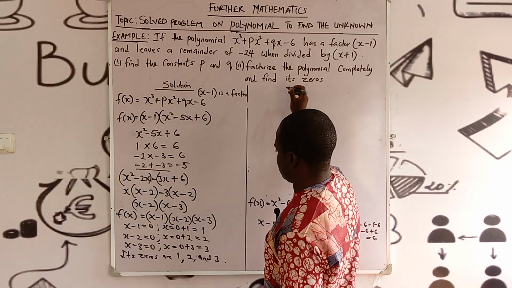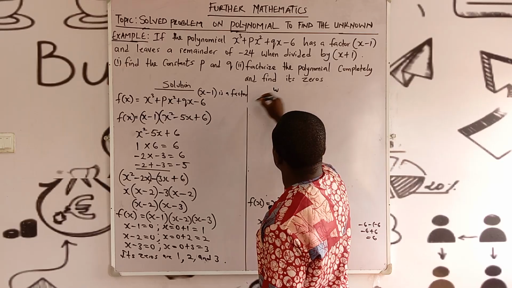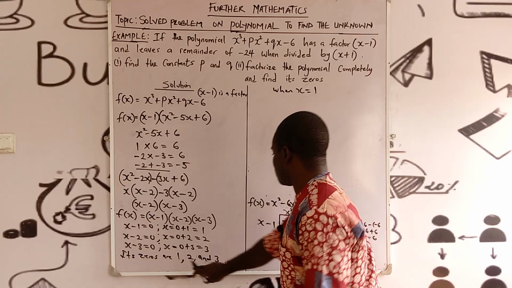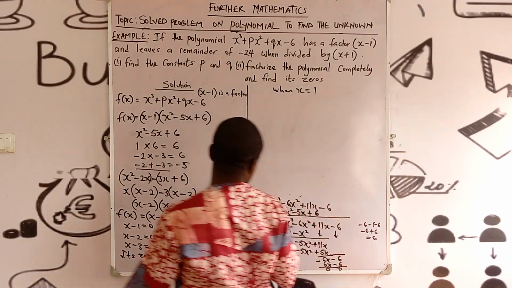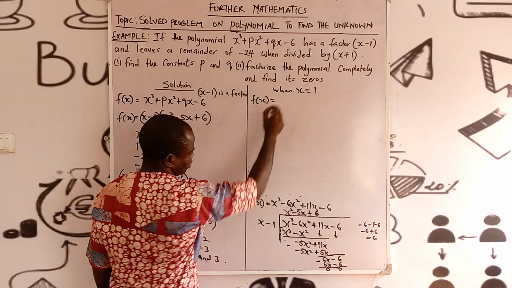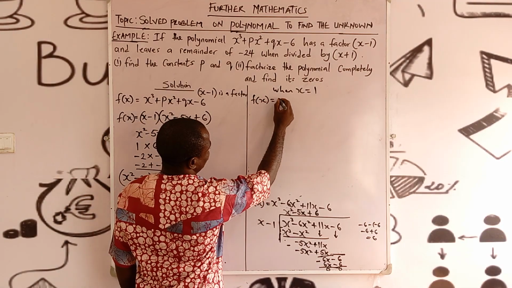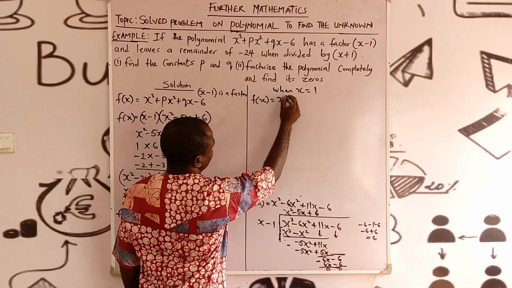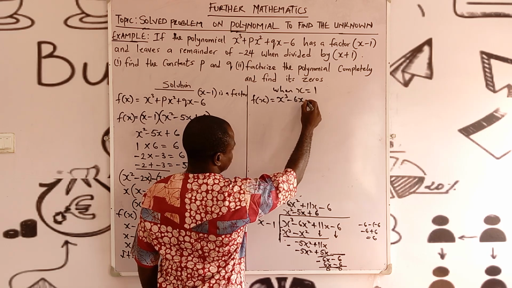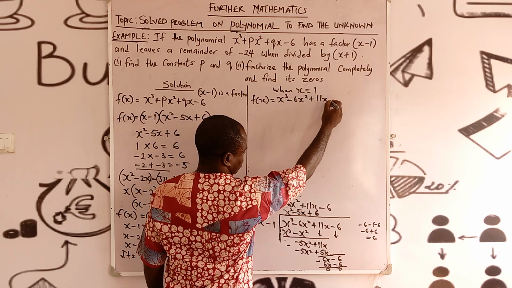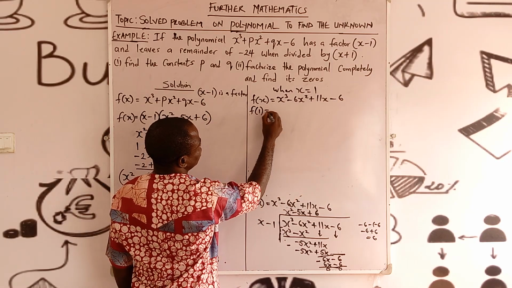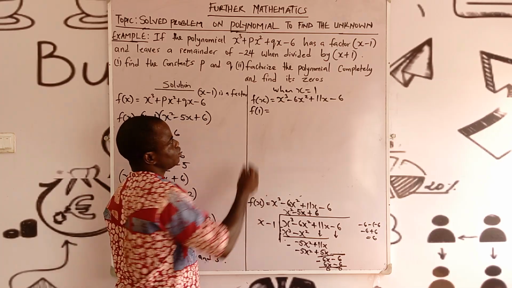Now let's see when x equals 1. Let's start with the first one. f of x equals x raised to power 3 minus 6x squared plus 11x minus 6. Now f of 1 must give us 0.